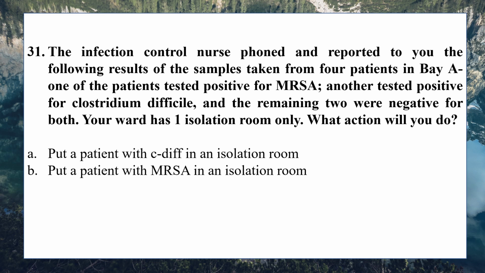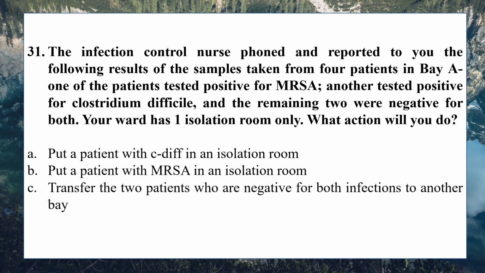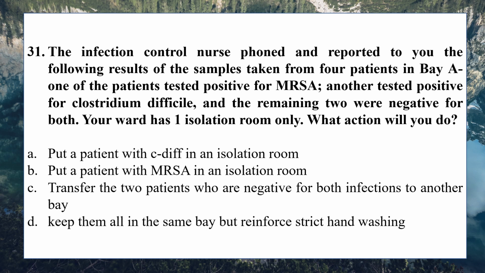Option B. Put a patient with MRSA in isolation room. Option C. Transfer the 2 patients who are negative for both infections to another bay. Option D. Keep them all in the same bay but reinforce strict hand washing. Answer is A. Put a patient with C. difficile in an isolation room.